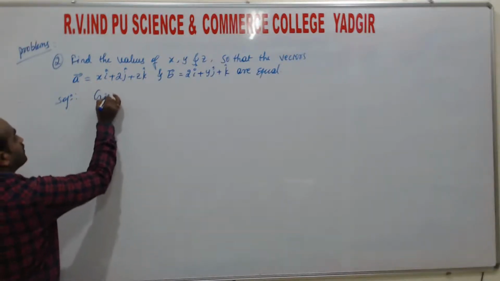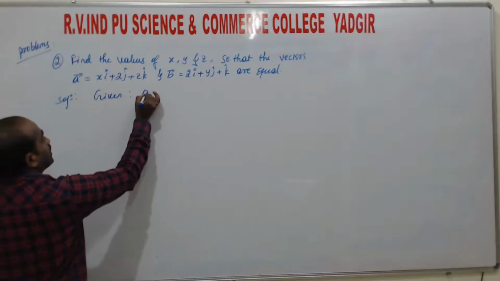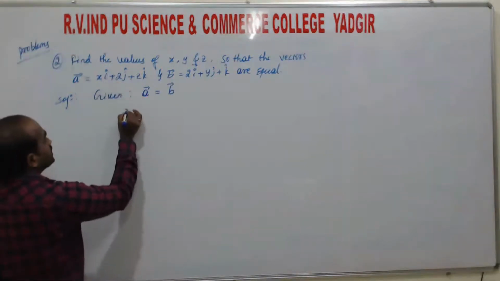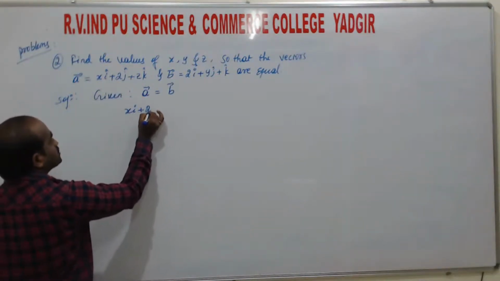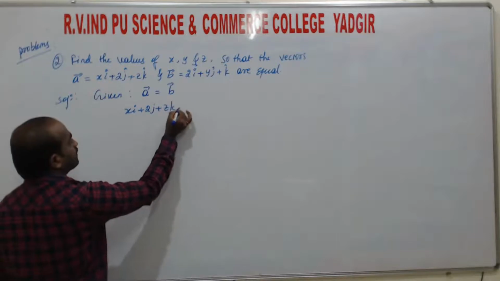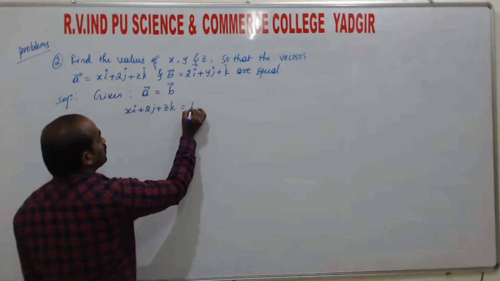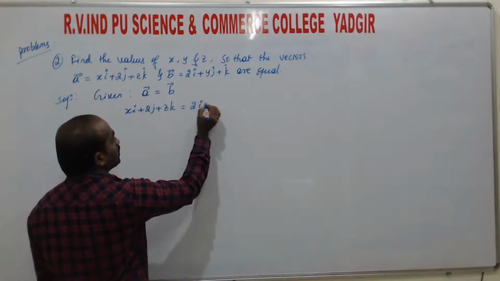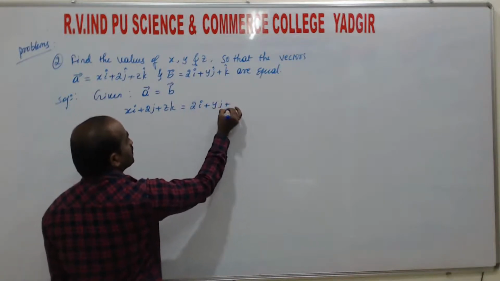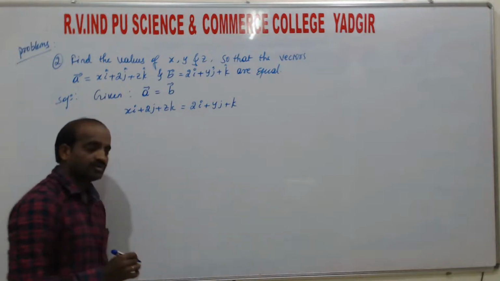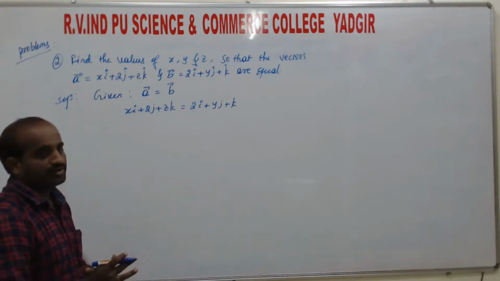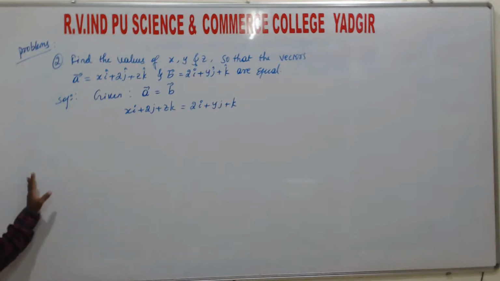Given that a vector is equal to b vector, xi plus 2j plus zk is equal to 2i plus yj plus k. Two vectors are equal, corresponding components are equal.